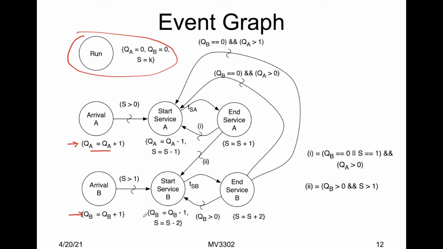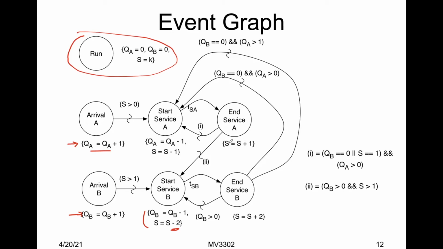But here's where things are a little different. When we start service on a B, we take 1 B away from the queue, but we take 2 servers away. So we need to make sure that this event is protected by the fact that S has to be at least 2 before we schedule it.